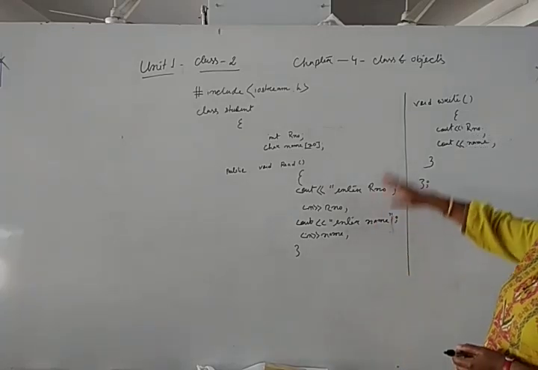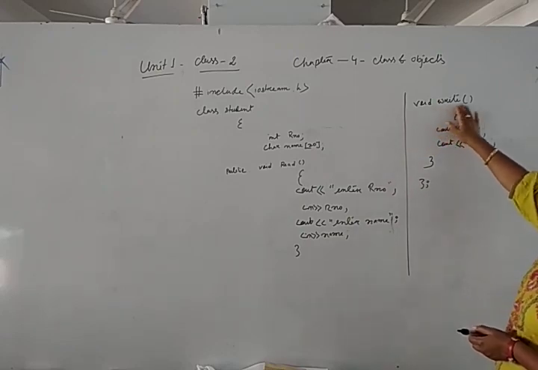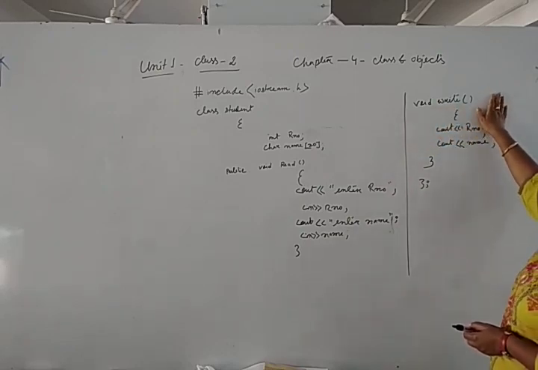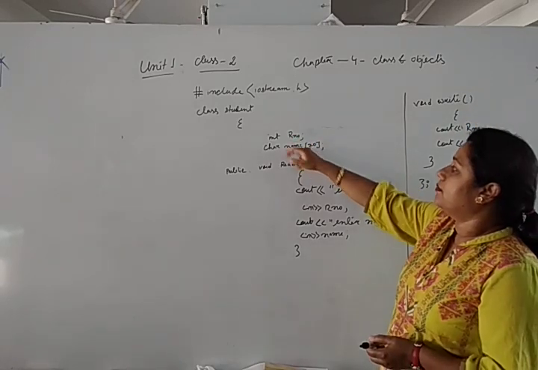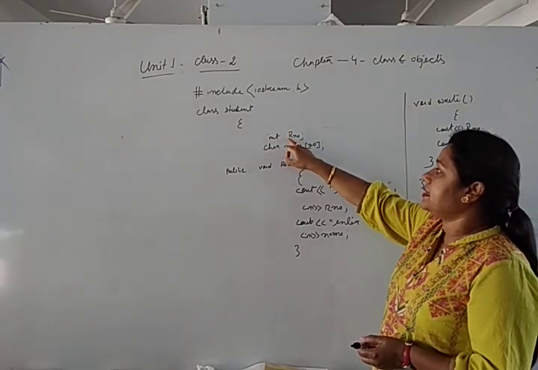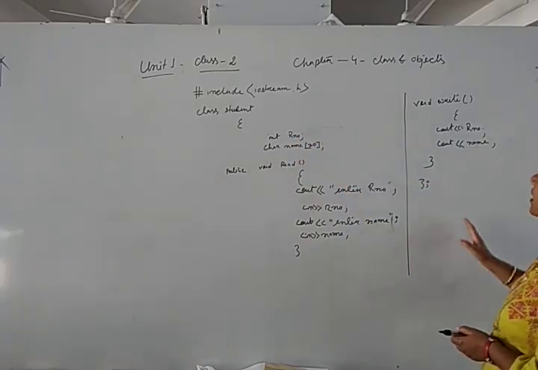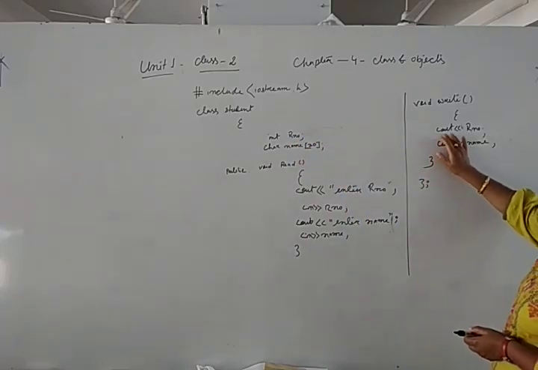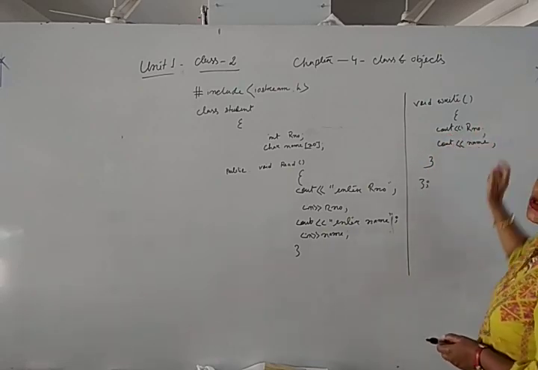Okay, again inside the body of the class I declare one more function, that is write. And what is the use of the write function? To display the result, that is the roll number and the name of the student. So here I simply use the cout function to display the roll number, and the cout function one more time to display the name.